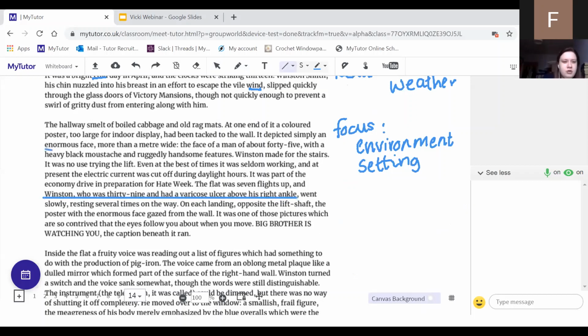We have enormous face repeated twice, which there's a lot of repetition in this, so that's important to discuss. So we've got characterization here. We've got repetition.